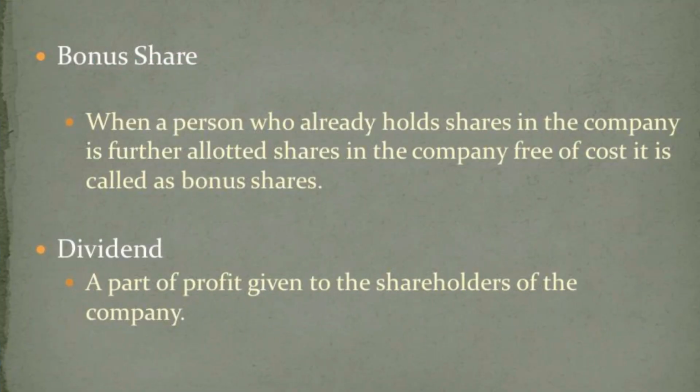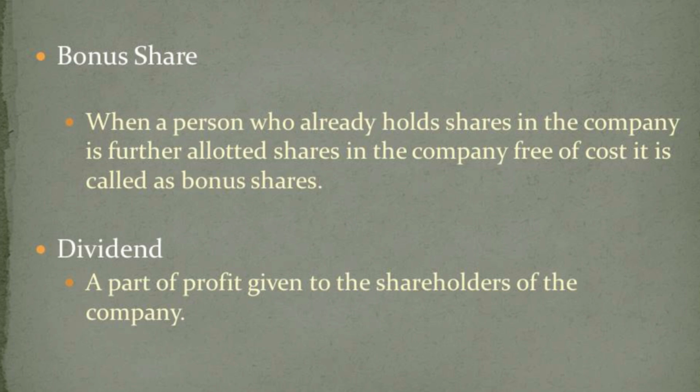The last two terms that we need to know in the stock market are bonus shares and dividend. Company is coming up with bonus shares. Let's go buy the shares of the company. What are bonus shares? These are the shares issued by the company to the existing shareholders, free of cost, for the loyalty they have shown to the company. Free of cost? Yes, free of cost.